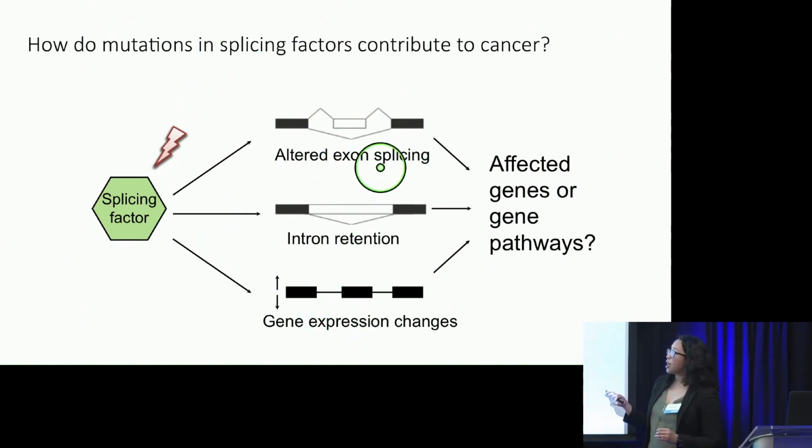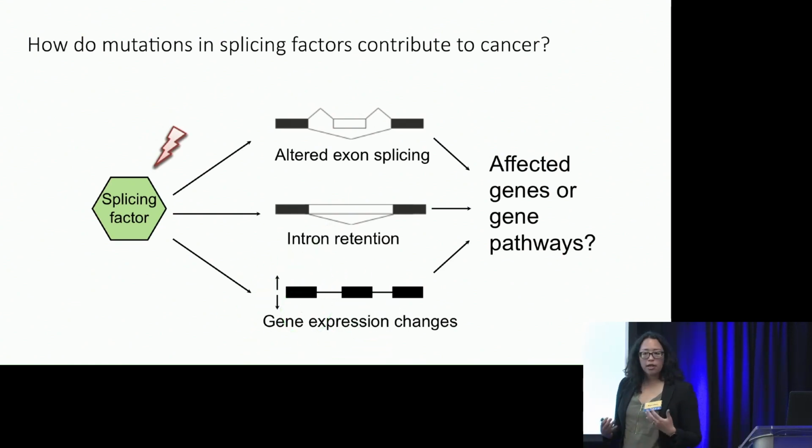We're interested in looking for exons that are skipped when they shouldn't be in the presence of these mutations. Or maybe you see introns that are completely not spliced because you're mutating the splicing factor, so it can't find where to splice out the intron. Or we might expect other kinds of RNA changes to occur.